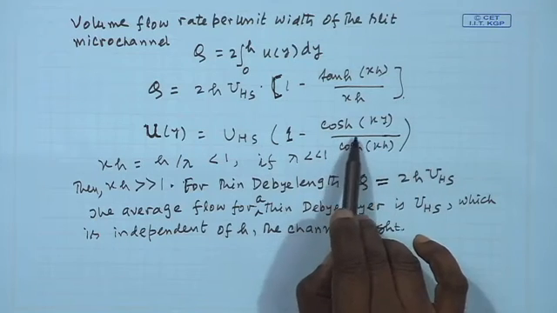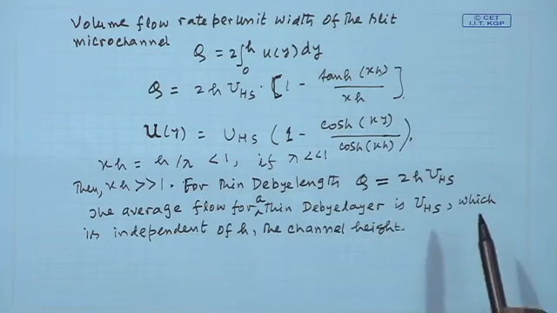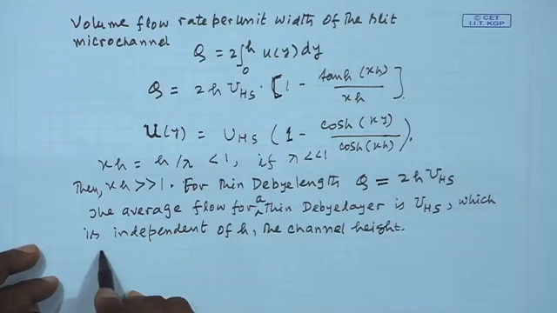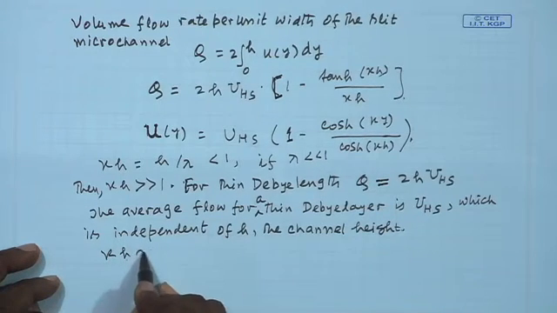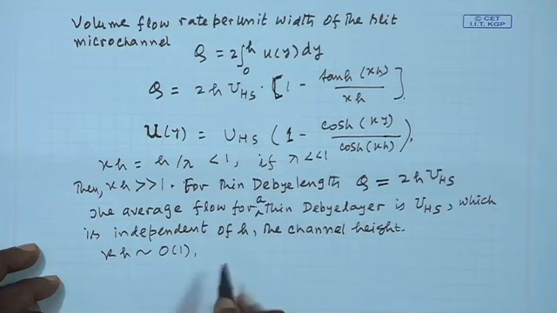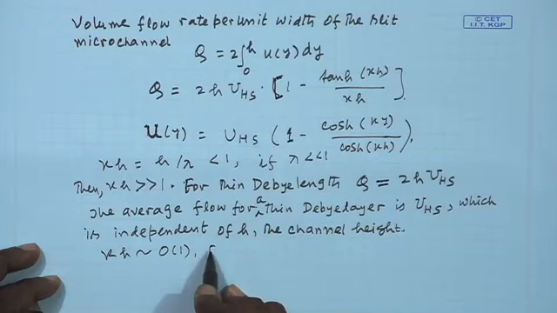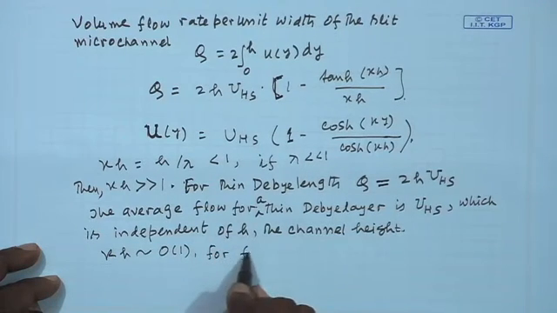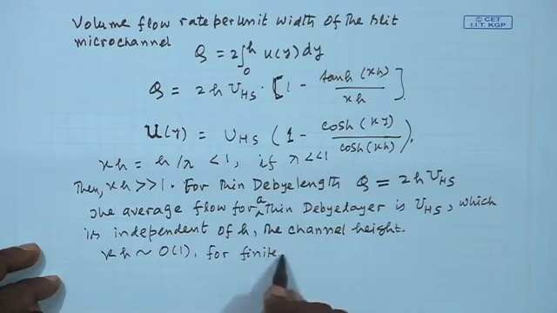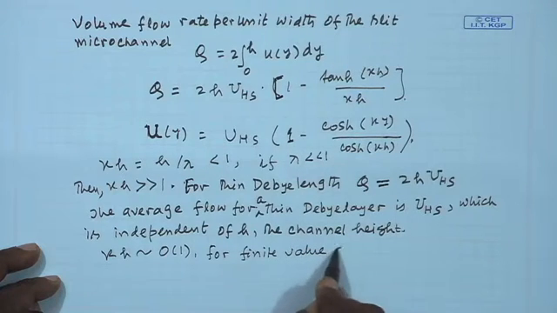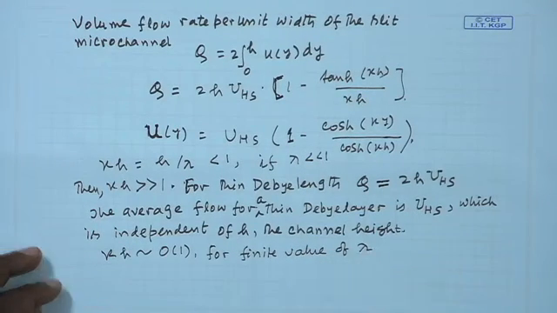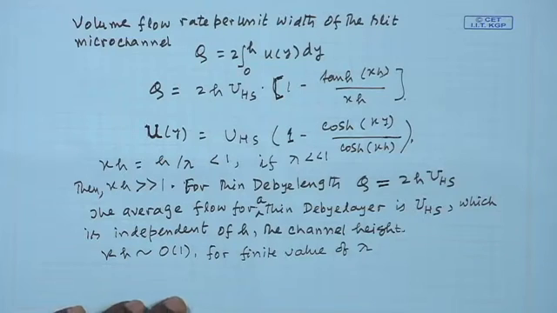Another thing is that from this term, what you find is that when kappa H is of order 1, that means if not for a finite value of lambda, the Debye length, that means it is not very thin.